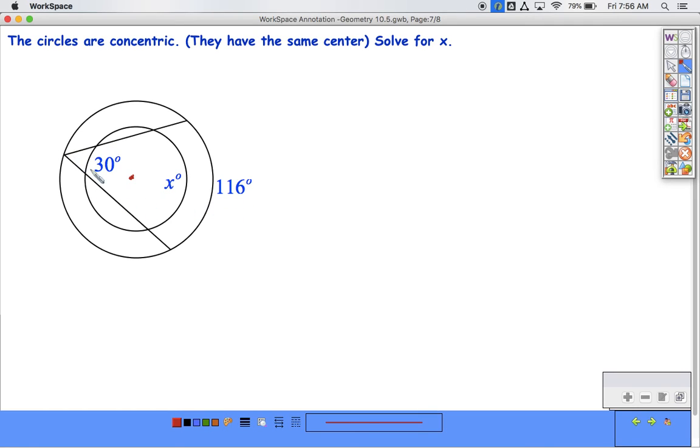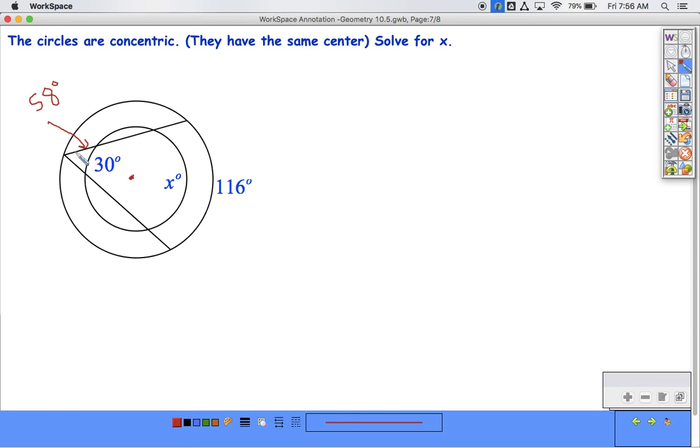This would be an outside angle of the smaller circle. But the key to this is what you're first going to want to do is figure out this outside angle here. If you look at the big circle, this would be an inscribed angle for the 116. So we can cut that in half. And cutting 116 in half, we're going to get 58 degrees.